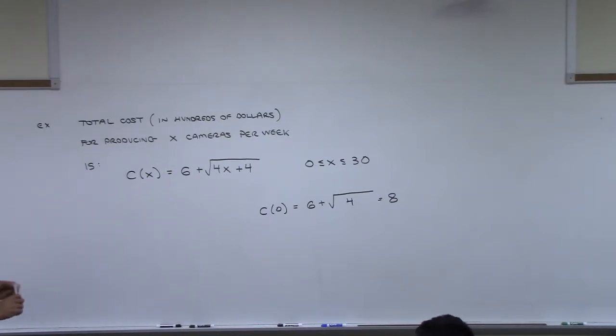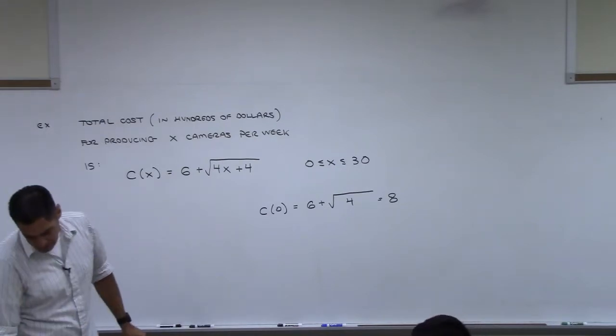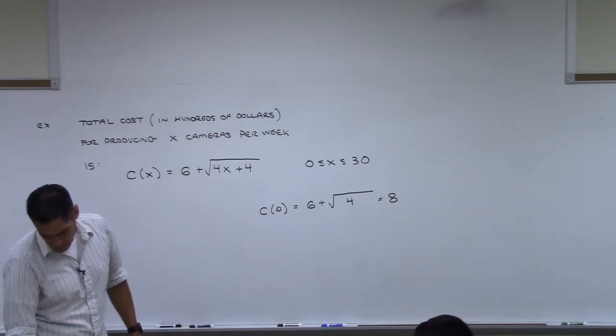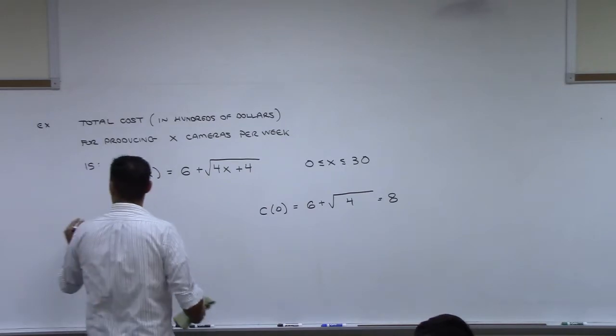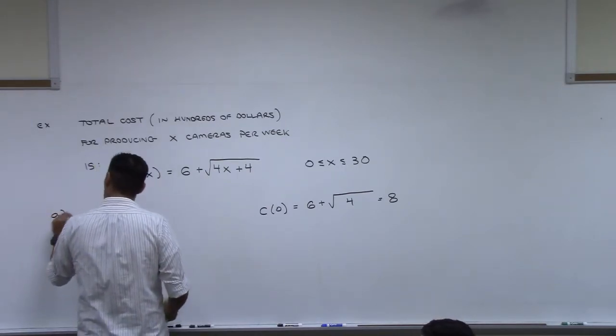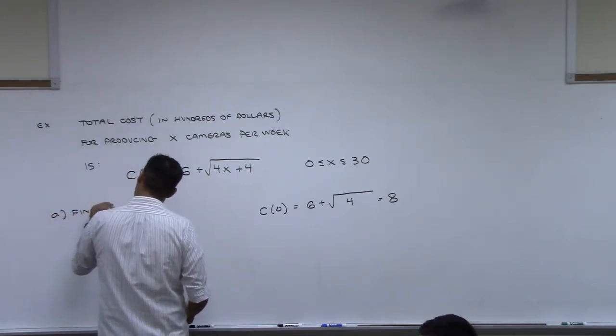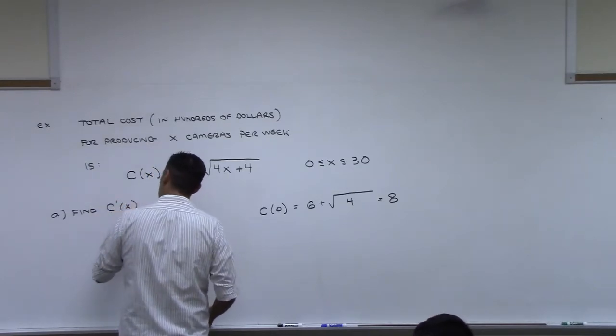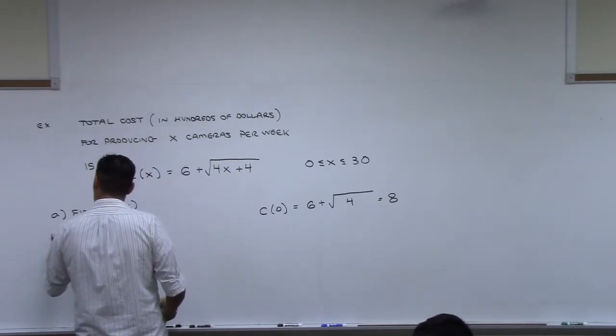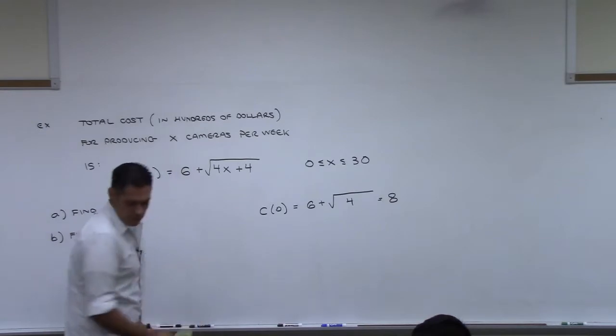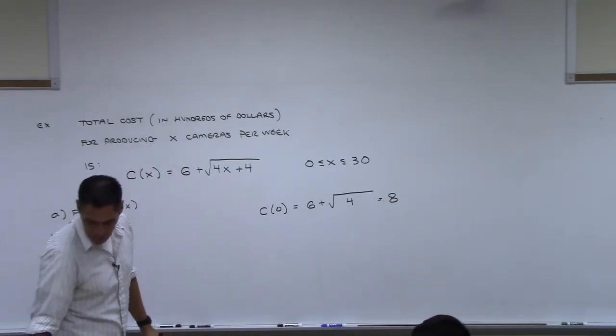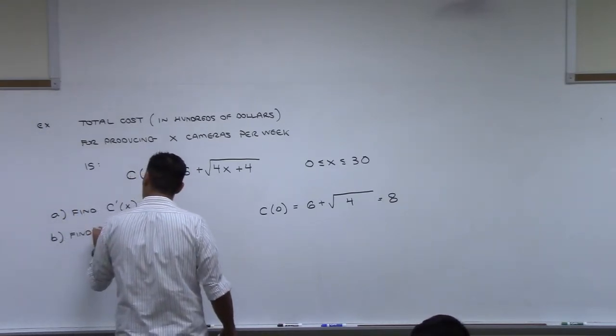So here's the question that I want to ask. Part A, find C prime of x. B, find C prime of 24.